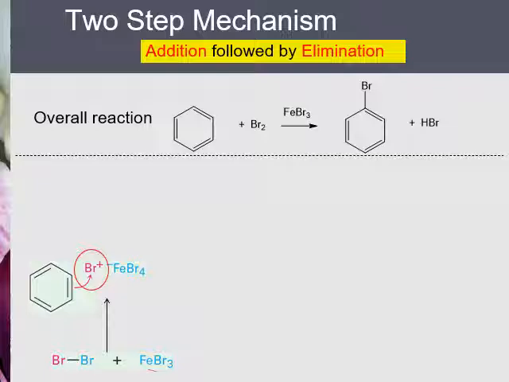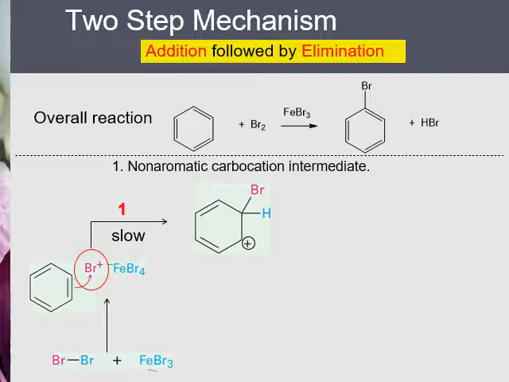So when the two electrons form a bond between one carbon and the bromine, the other carbon becomes positive charged. And this step is a slow step, similar to the alkene electrophilic addition reaction, where the first step also forms a carbocation.